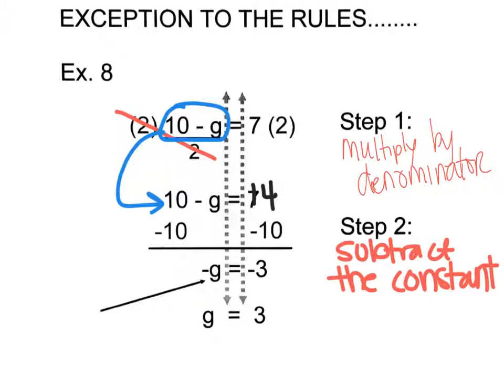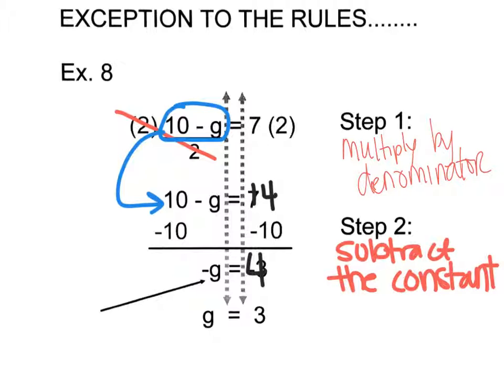So we subtract 10 from both sides. And we get negative G equals 14 minus 10, which does not give me a negative 3. It gives me a positive 4.